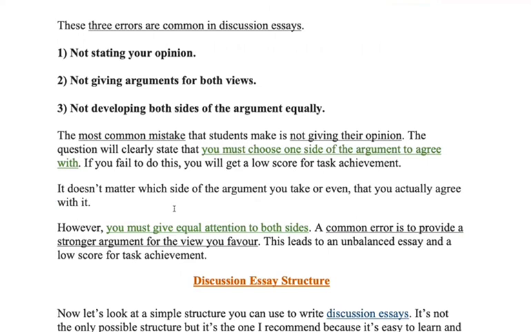You need to discuss them equally, as we said. Just avoid providing a stronger argument for one view. So try to be equal, try to balance between the two sides of the arguments.